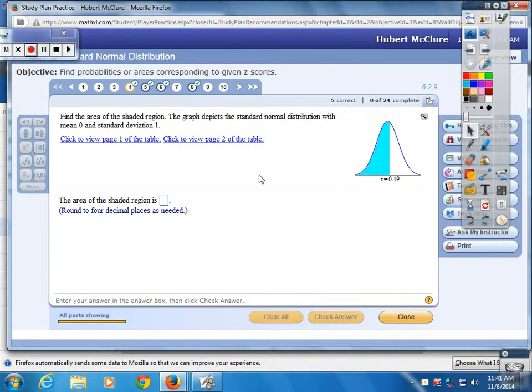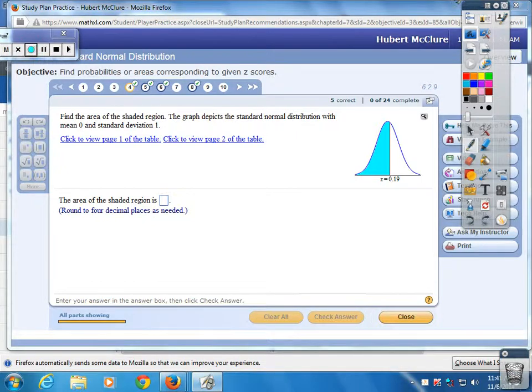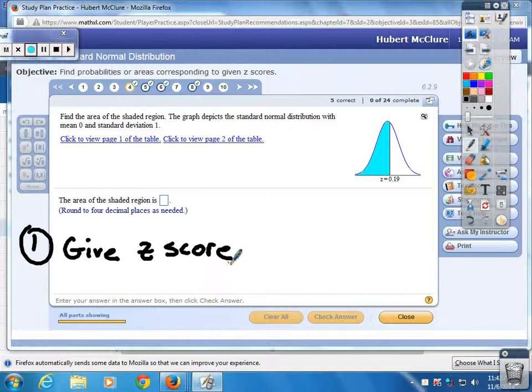All right. Now, one other thing I want you to add to your notes. If they give a z-score, what are you going to be looking for? You're looking for area.